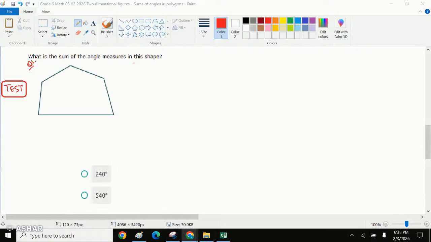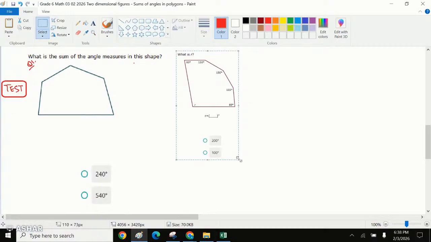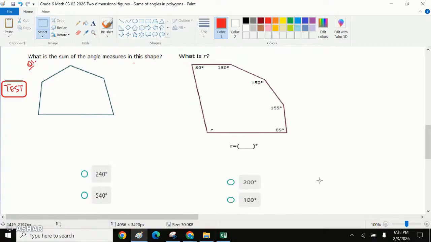So what is the answer? 240 or 540? Yes, thank you, Prinsley. That is 540.